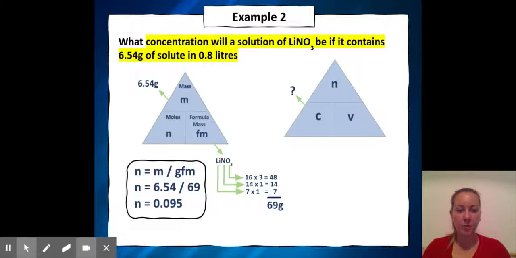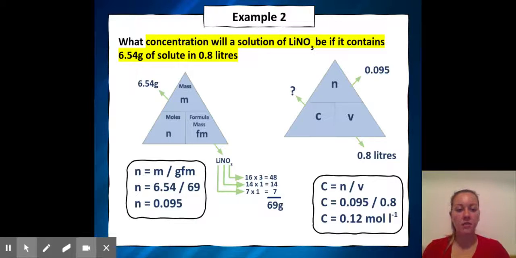We know the number of moles, which is 0.095. We know the volume, which is 0.8 litres. So from that, we can work out C, which is our concentration. C equals n divided by V. 0.095 divided by 0.8 is 0.12, and remember your units are moles per litre for concentration.